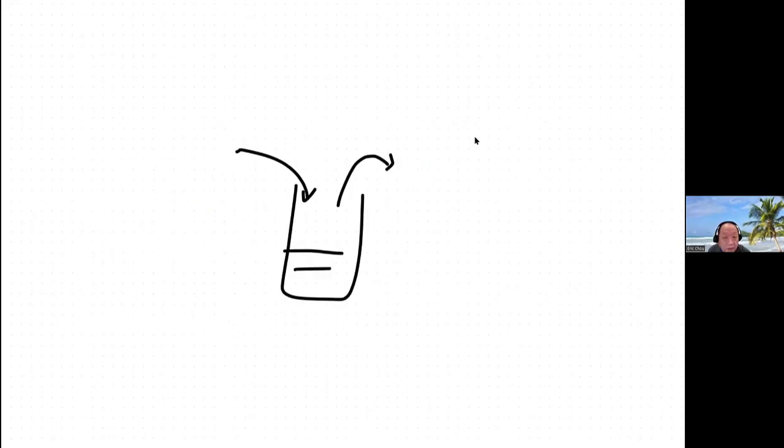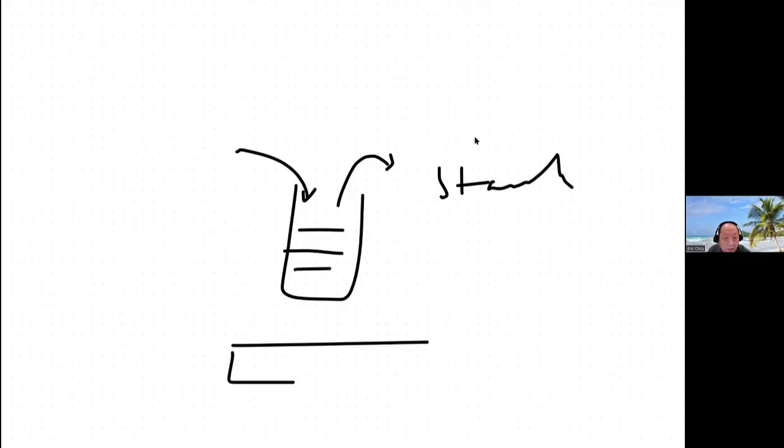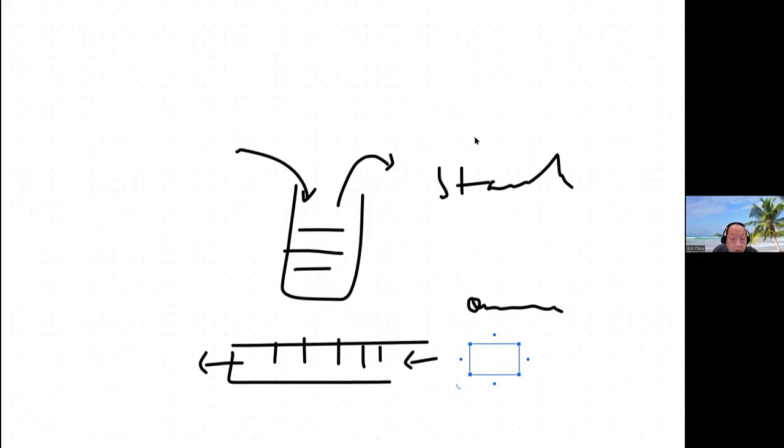We call this a stack, or buffer. You push data in this way, pop out this way. This is called a queue. So you may have a stack, you may have a queue.